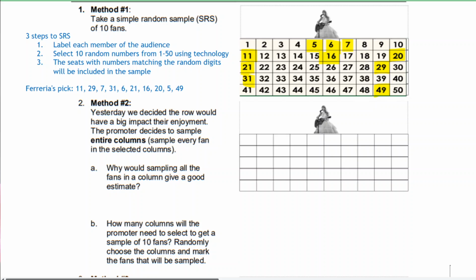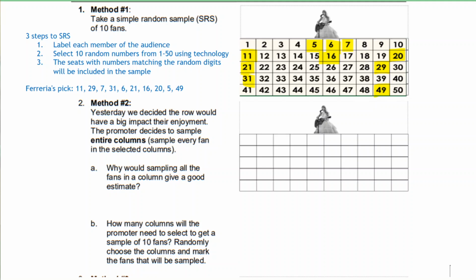This is important because we're going to make sure that every row has a set number of seats included in the sample. So we're not undercovering any of these rows. For example, it's never going to happen with this method where we have no people selected from the last row, because the last row will be included in all the clusters.